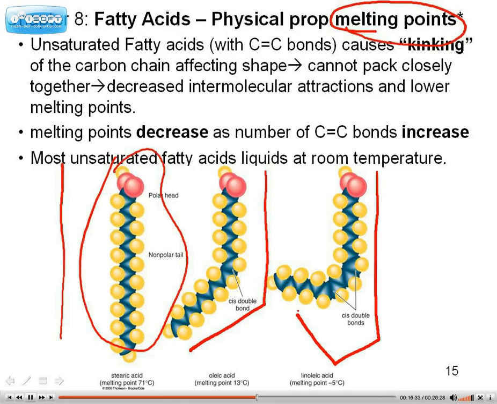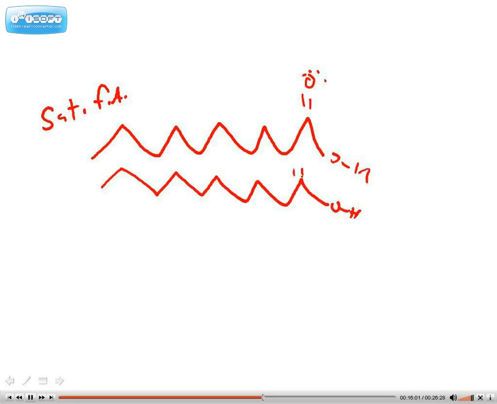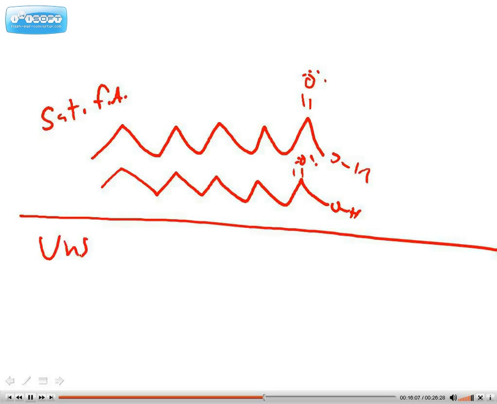Now, I'm just going to draw a general fatty acid, no one in particular. So in this case right here, I have a saturated fatty acid. Notice no double bonds. Consequently, these fatty acids can actually get really close to each other, and we can say that they stack quite well. Compare this one to the unsaturated fatty acids that you see down here.